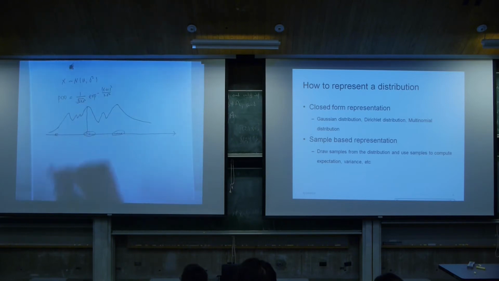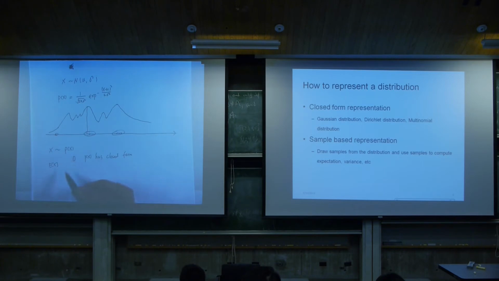Let's see an example. Suppose X is drawn from a certain distribution, and I want to compute the expectation of X. If p(x) has a closed form, for example in this Gaussian case, you can write down an equation of p(x).